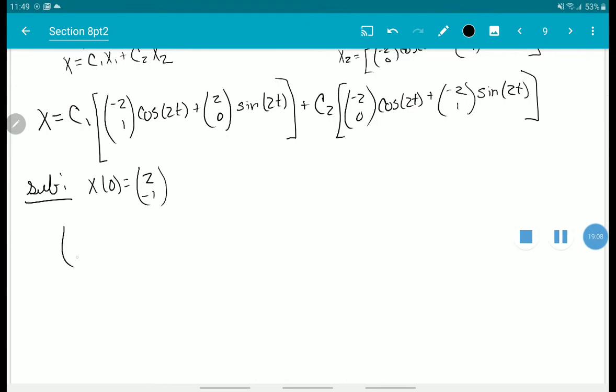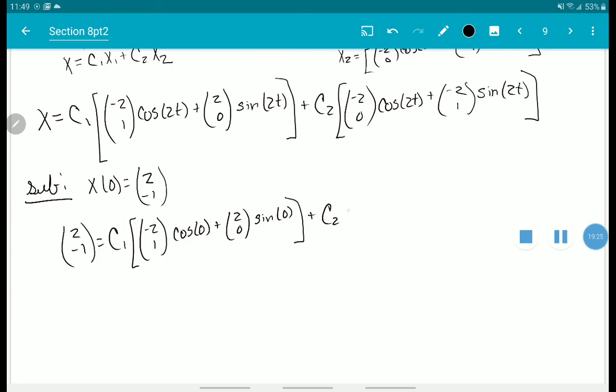So if we make that substitution, this is going to be negative 2, 1, cosine of 0 plus 2, 0 sine of 0, plus C2, negative 2, 0 cosine of 0 plus negative 2, 1 sine of 0.